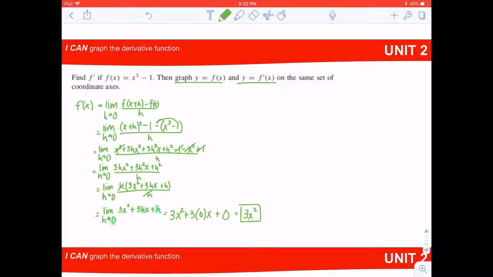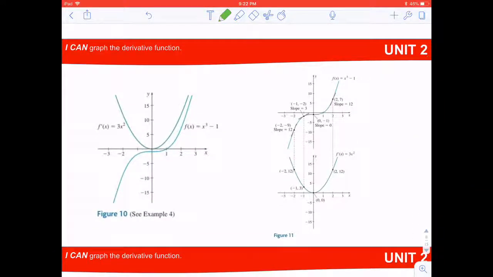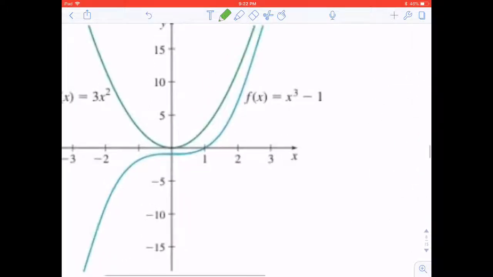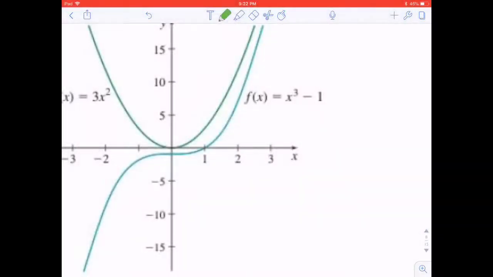I'm going to scroll on to the next page where I have the graphs already. We're going to go over how to graph these. First of all, we have this function x cubed minus 1. We should be familiar with the parent function of x cubed, and it's just shifted down 1.